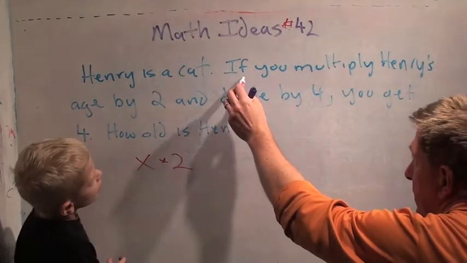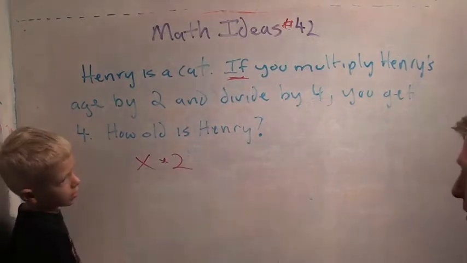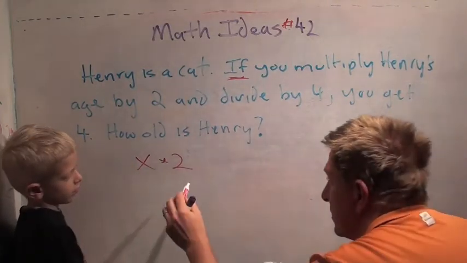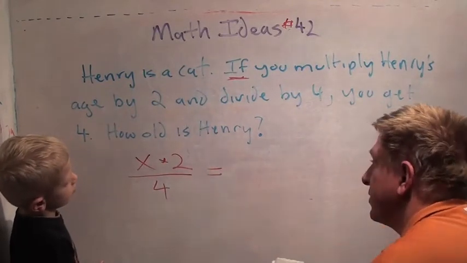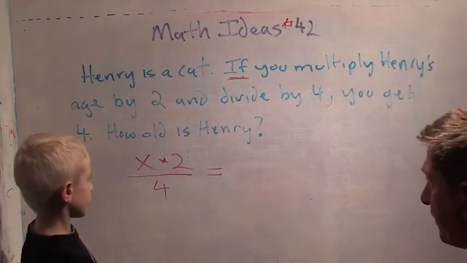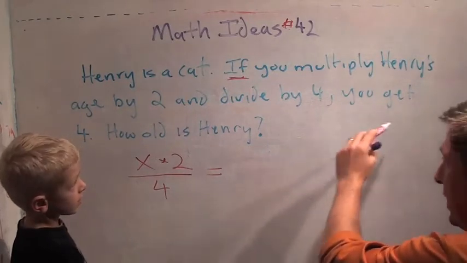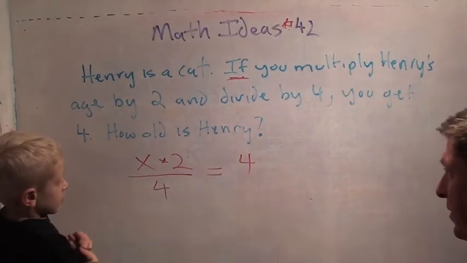Start reading right here. You divide it by 4. Okay. So x times 2 divided by 4 equals what? Equals 4. You get 4. So x times 2 divided by 4 equals 4.